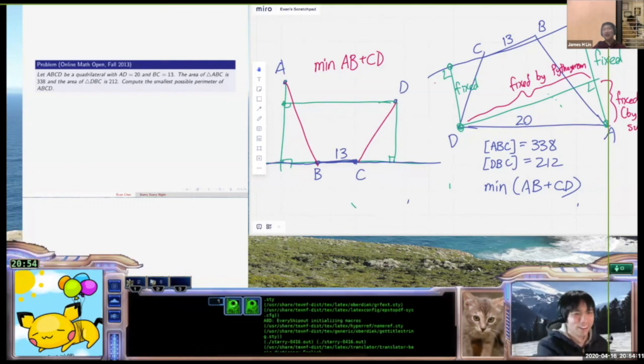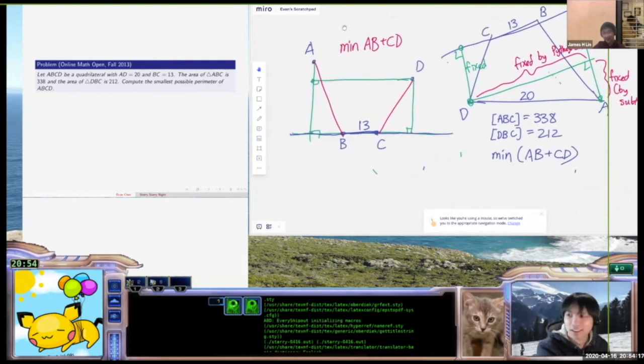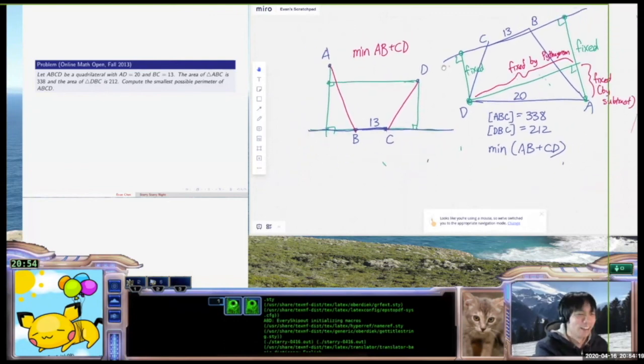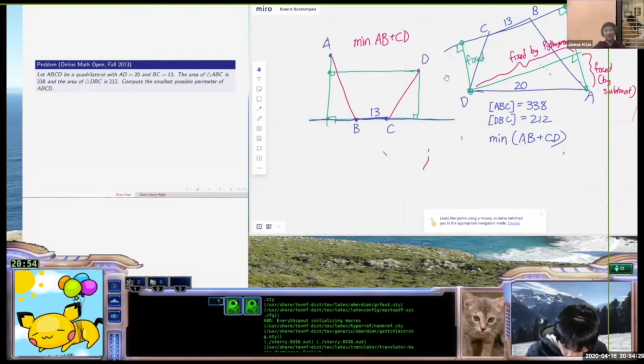I mean, I have a general idea. Everyone in the entire school is required to spend two years solving this. I see. Yeah, because what's happening is this 13 doesn't really do anything, right? What I can do is imagine you slide this thing all the way to the left.